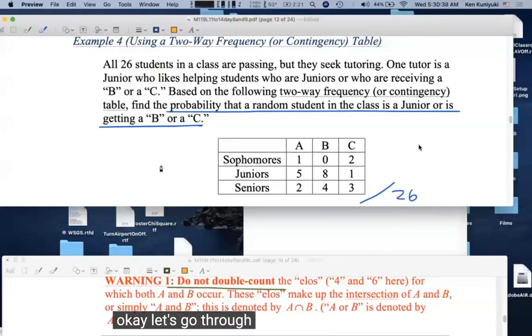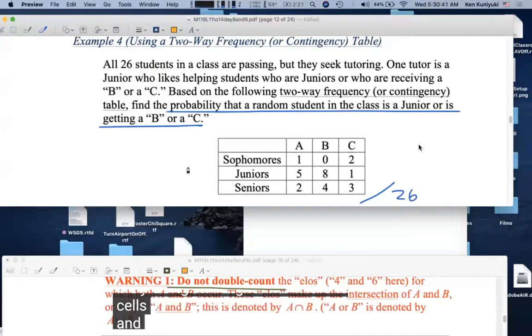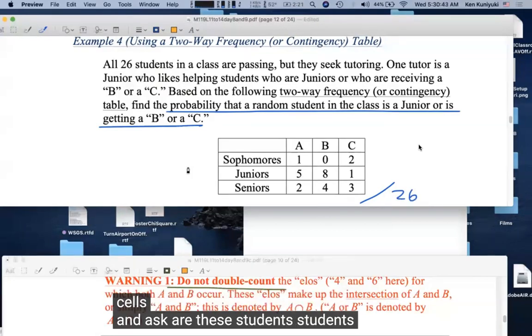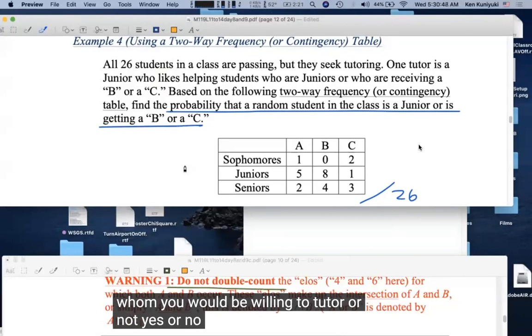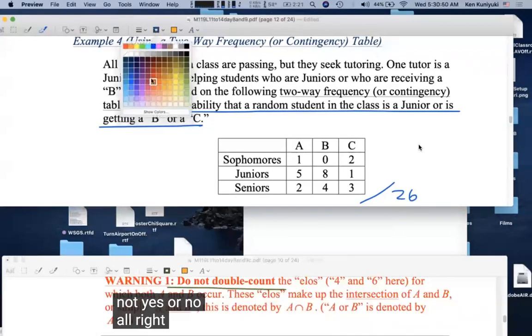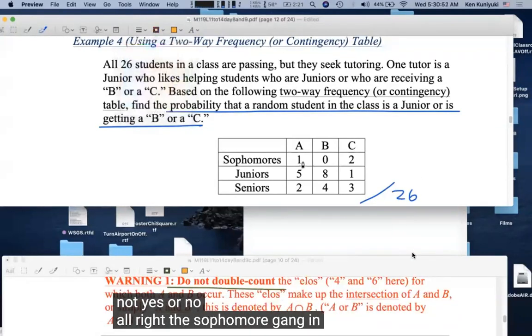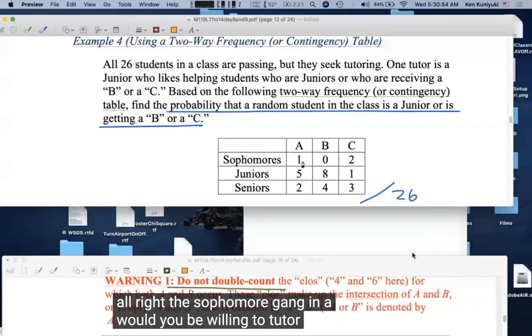Okay, let's go through each of these cells and ask, are these students whom you would be willing to tutor or not? Yes or no? All right. The sophomore getting an A, would you be willing to tutor this student?